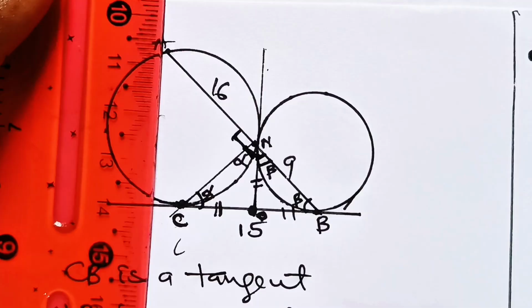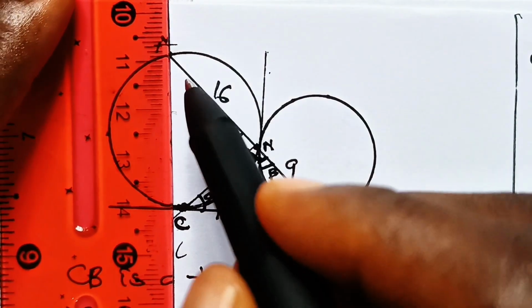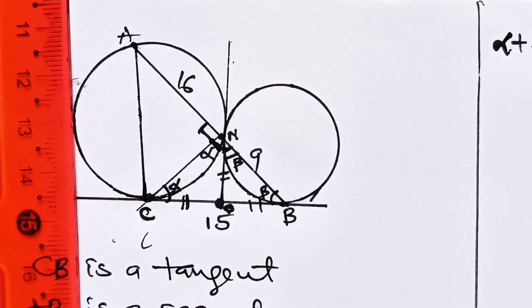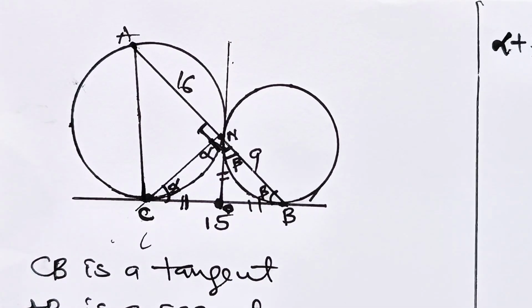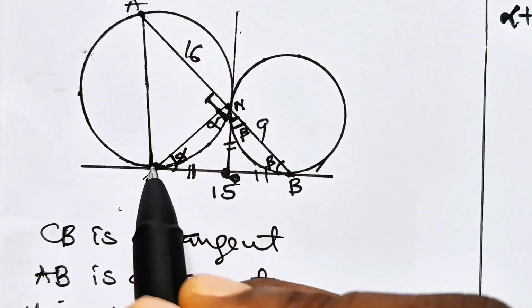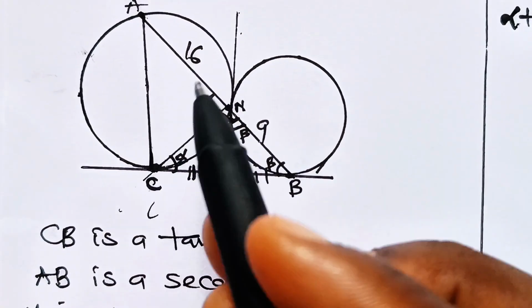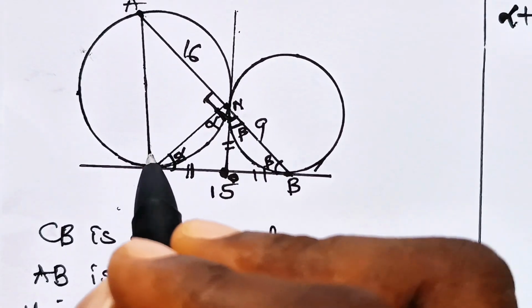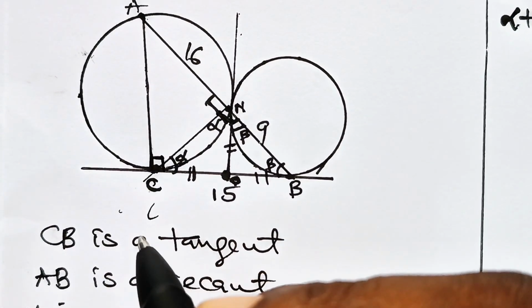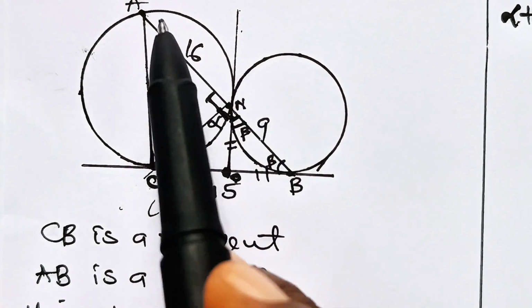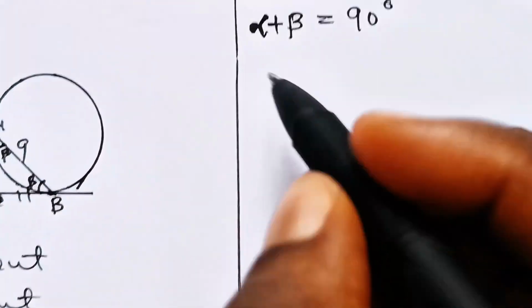Now let's join A to C. Since C is the point of contact between this straight line and the tangent, this is 90 degrees. So we have triangle ACB.